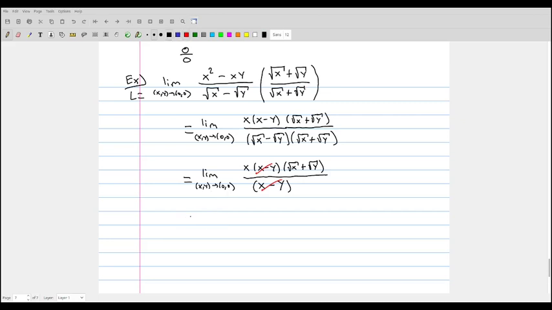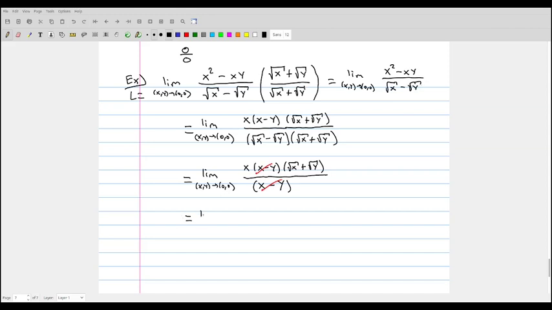So the limit that we were originally looking for, remember, was the limit as (x, y) goes to (0, 0) of x squared minus xy over square root of x minus square root of y.